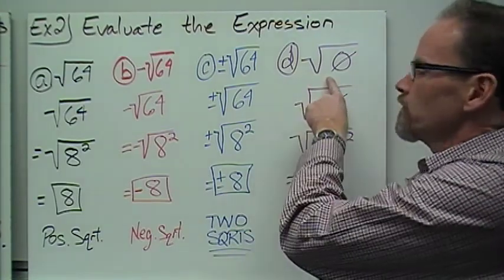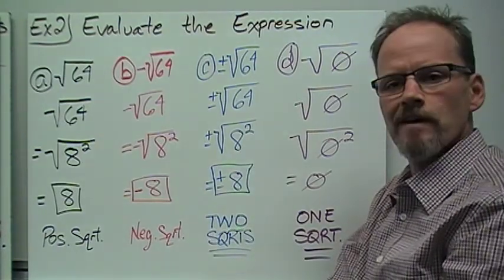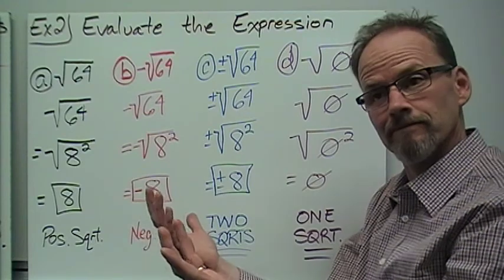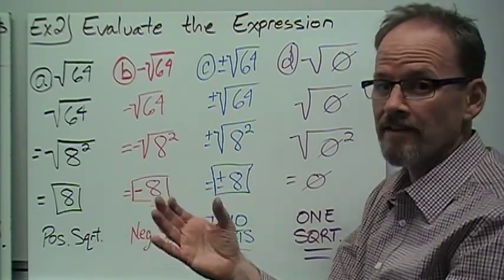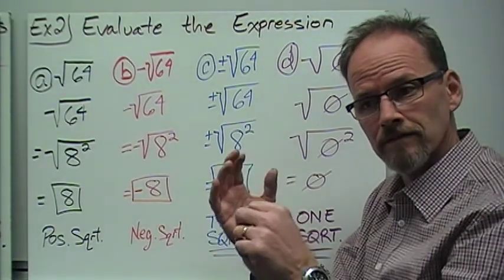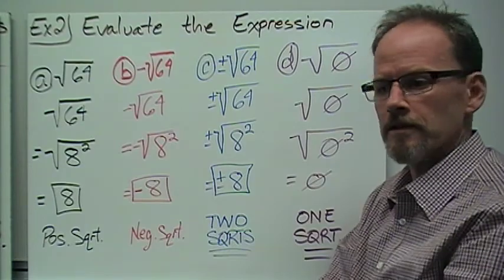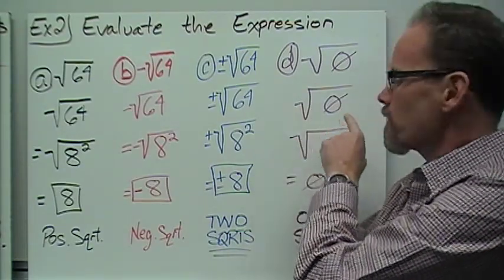And then I have a special case here. The square root of 0. How do we do that? Well, what number times itself gives you 0? 0. 0 times 0. It has to be by itself, not like 0 times 1. 0 times 0 is 0. So I would just rewrite it, square root of 0 on my paper.